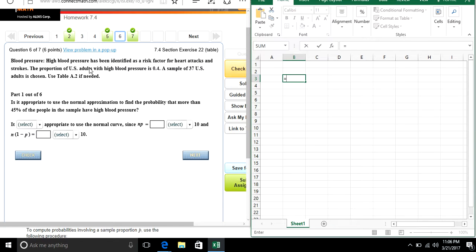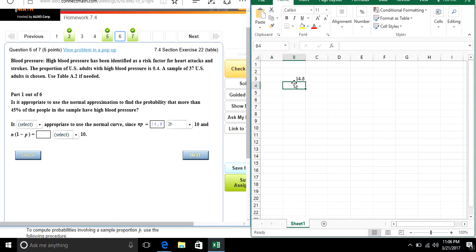The proportion of U.S. adults with high blood pressure is 0.4, sample 37. Okay, perfect. 0.4 times 37 is 14.8. So that is above 10.